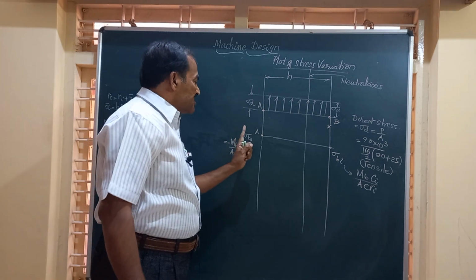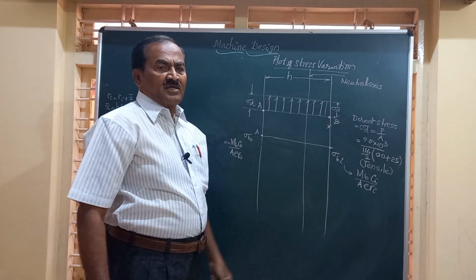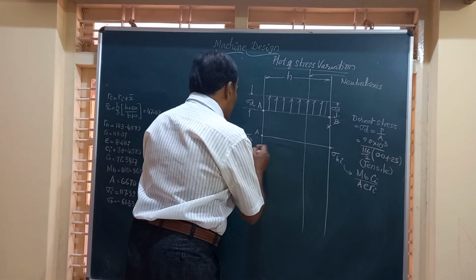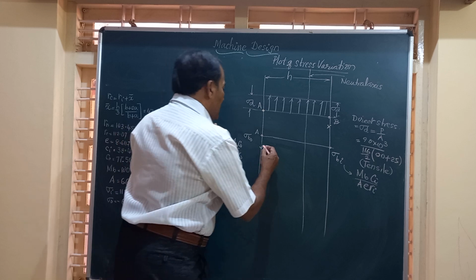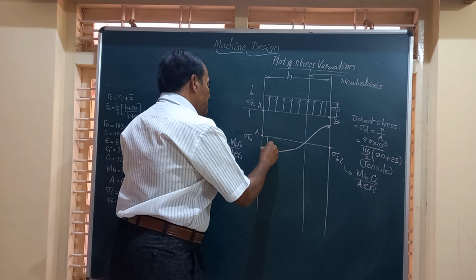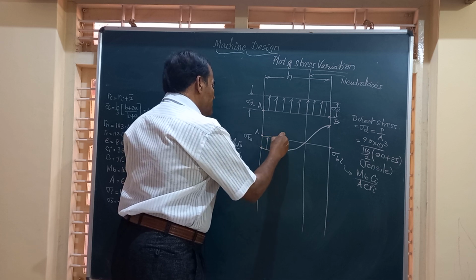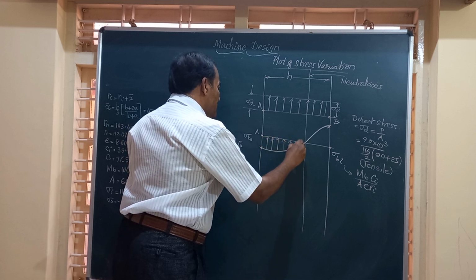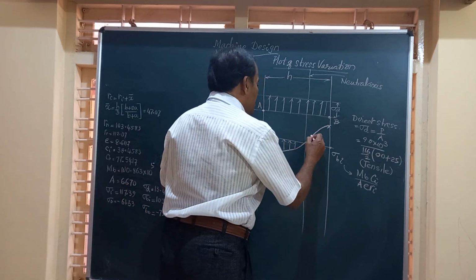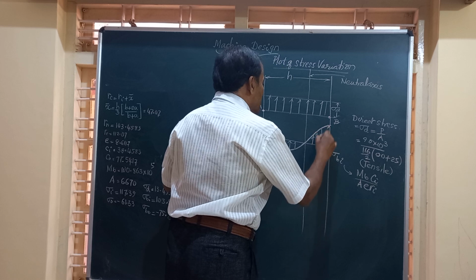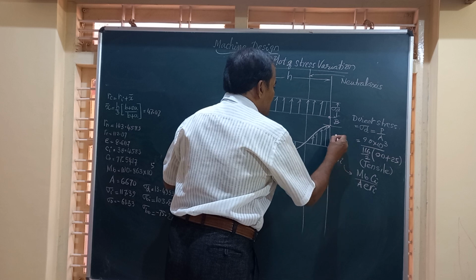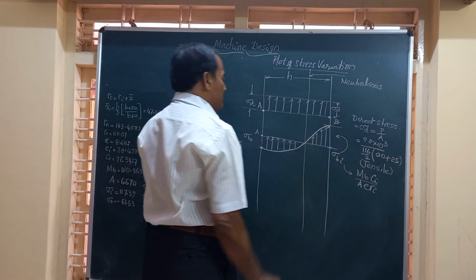Friends, so here I am going to plot some value, the value whatever you get here, and join these two by a curve like this, and we will say here, this is how the stress varies from A to the neutral axis, that is going to be negative, and this height will give you the sigma bi, which is positive.